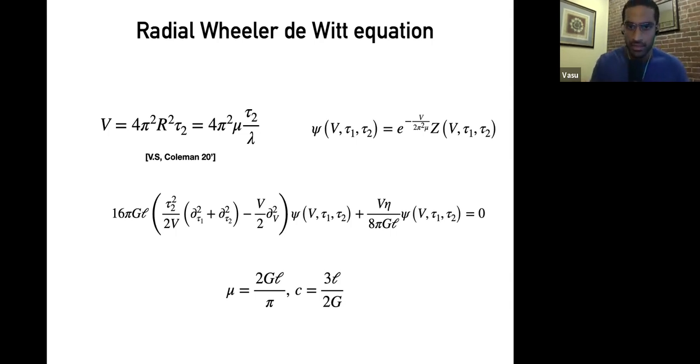I define this quantity psi that I have suggestively named, which is the phase e to the minus V over 2 pi squared mu times the partition function, now seen as a function of V and the moduli. And I notice that the equation that it satisfies is the radial Wheeler-DeWitt equation that I would get from quantizing gravity in 2+1 dimensions in the constant mean curvature gauge.